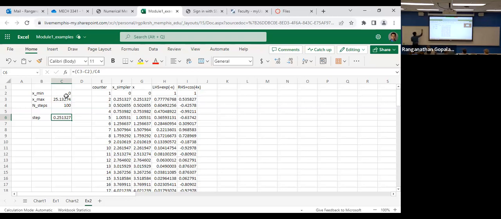X varies from 0 to 8 pi. Our step length was 8 pi minus 0 divided by 100, or about 0.251 to 3 decimal points. This is what we call the resolution of plotting in this case.